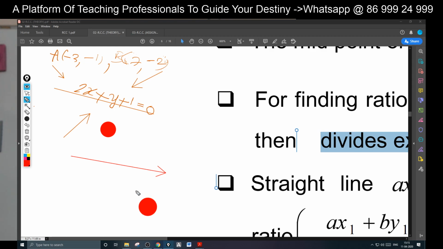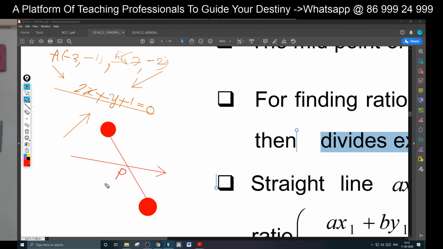Then you tell me whether the line joining these two is dividing the line segment internally or externally. That means you tell me, P divides it internally or externally. Reply please.